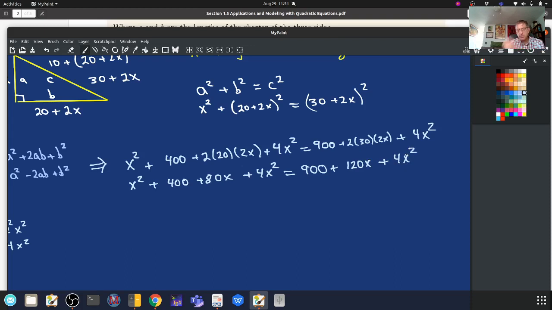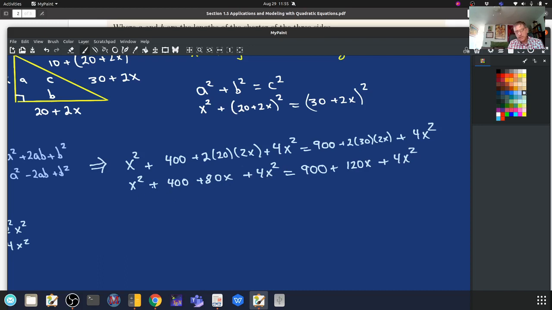And now I'm going to observe that I have 4x squared on both sides. So if I subtract 4x squared from both sides, then they vanish. So if I move the plus 4x squared over here, it becomes minus 4x squared and they both disappear. So what is a term?